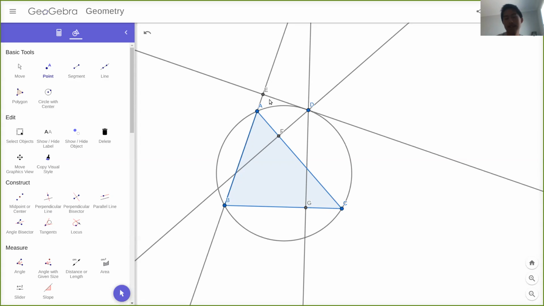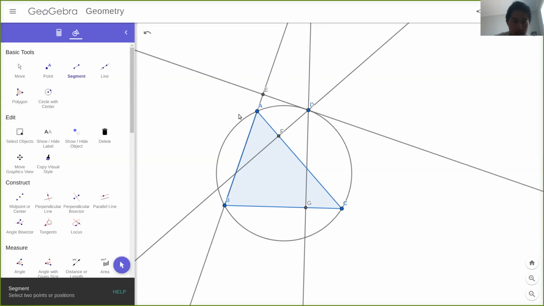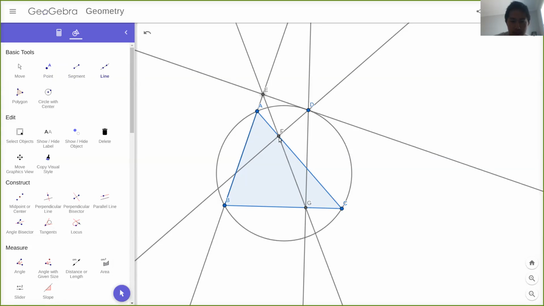So the thing is, we do something similar to before. We do angle tracing, because just as we needed something plus something to be 180 degrees to show that 4 points are on a circle, to have 3 points on a line, we can show that angle EFD plus angle DFG is 180 degrees.